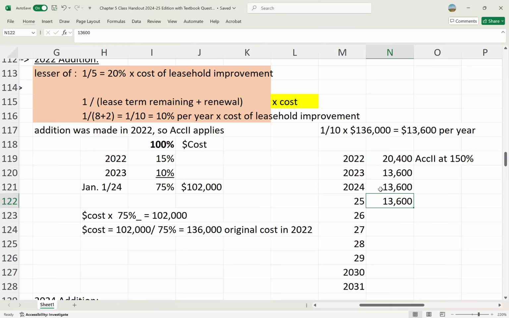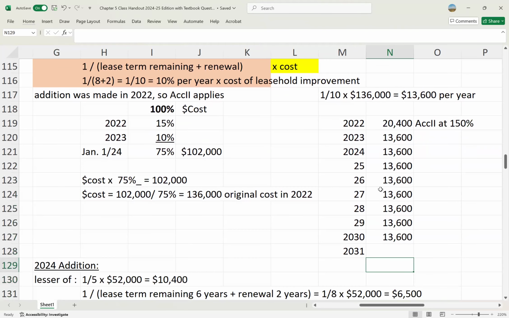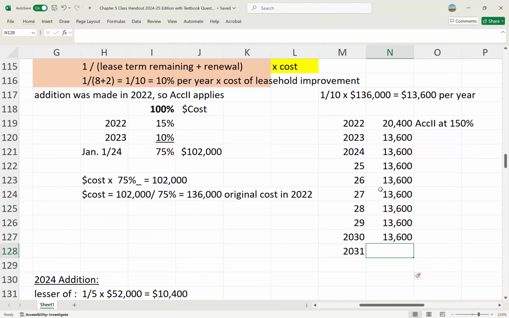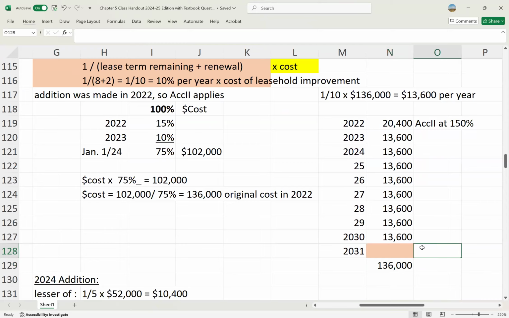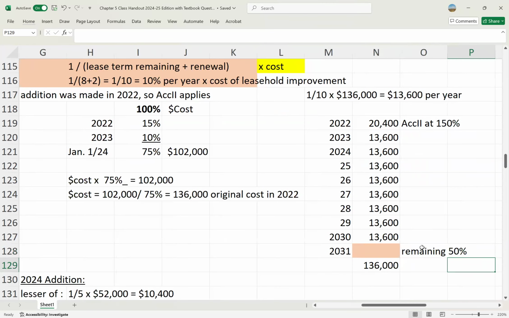But once again, the total CCA over the 10 years must equal 136,000. So in this very last year, because we took an extra 50% in the first year, this will be the remaining 50% in the last year. So rather than 13,600, this will only be 6,800.